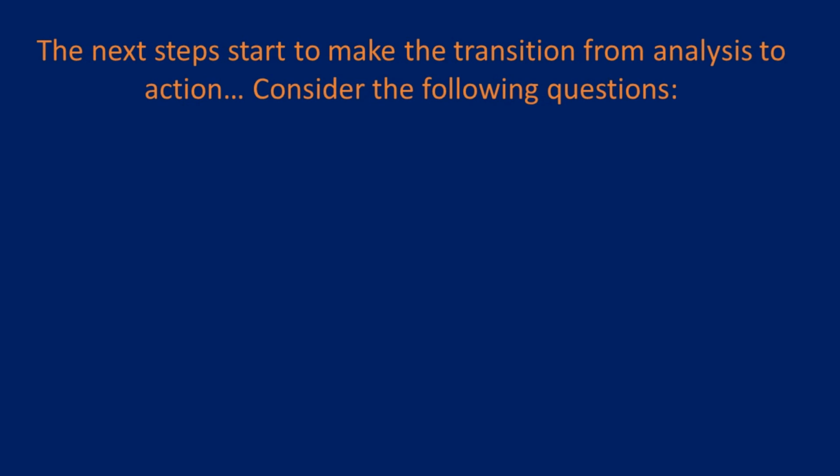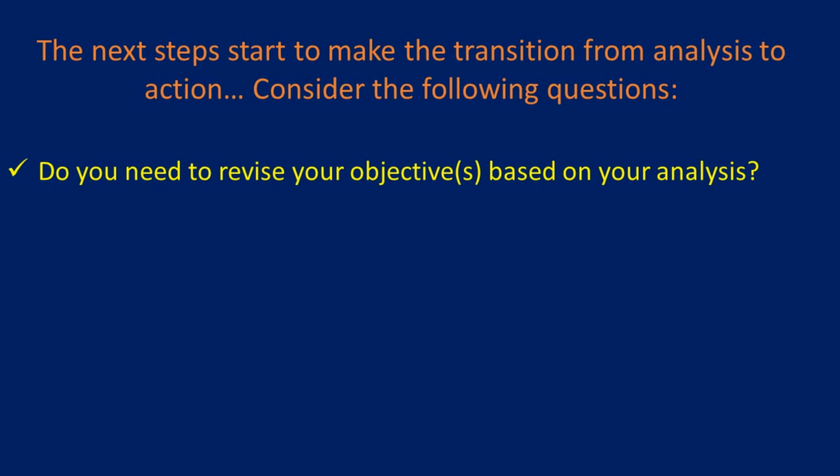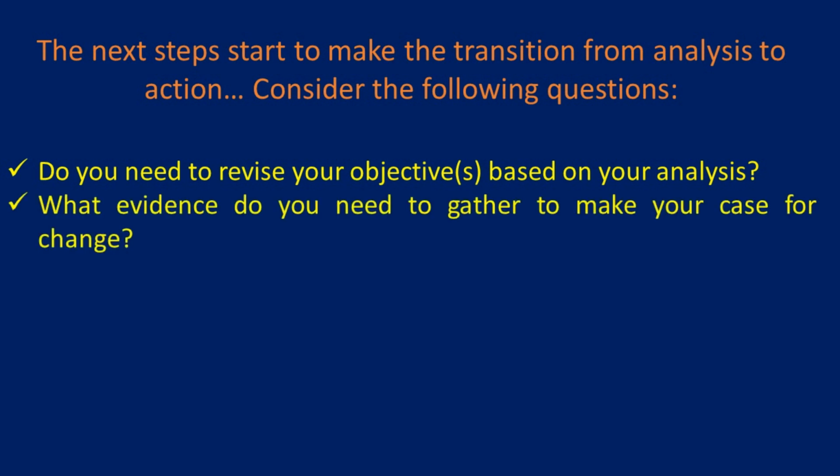After you are done with it, there are certain questions that you need to ask, and then it will be a complete work. So what are those questions? Do you need to revise your objectives based on your analysis? That is when it is handy, as you can also go for a revision in your objective. Then what evidence do you need to gather to make your case for change, if you want to make it more practical in nature? Then you can make a little change accordingly.